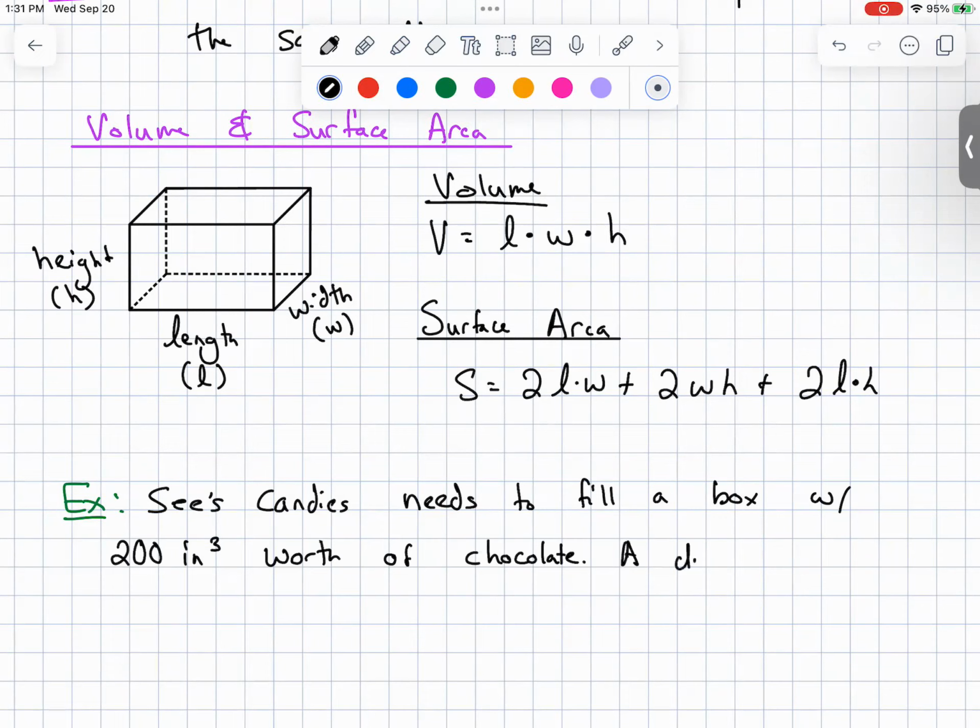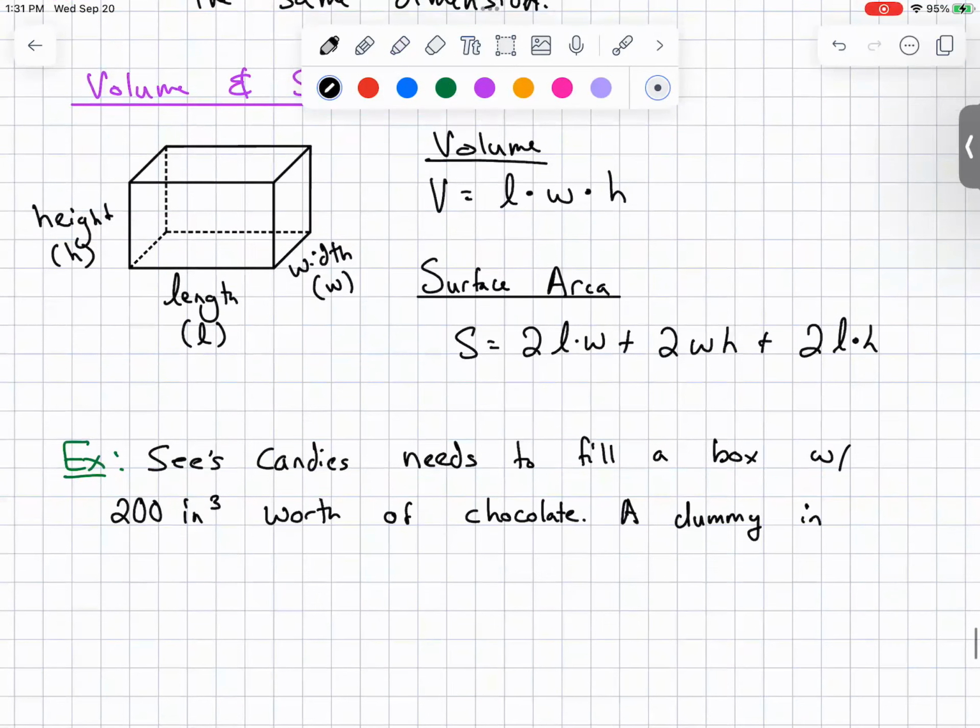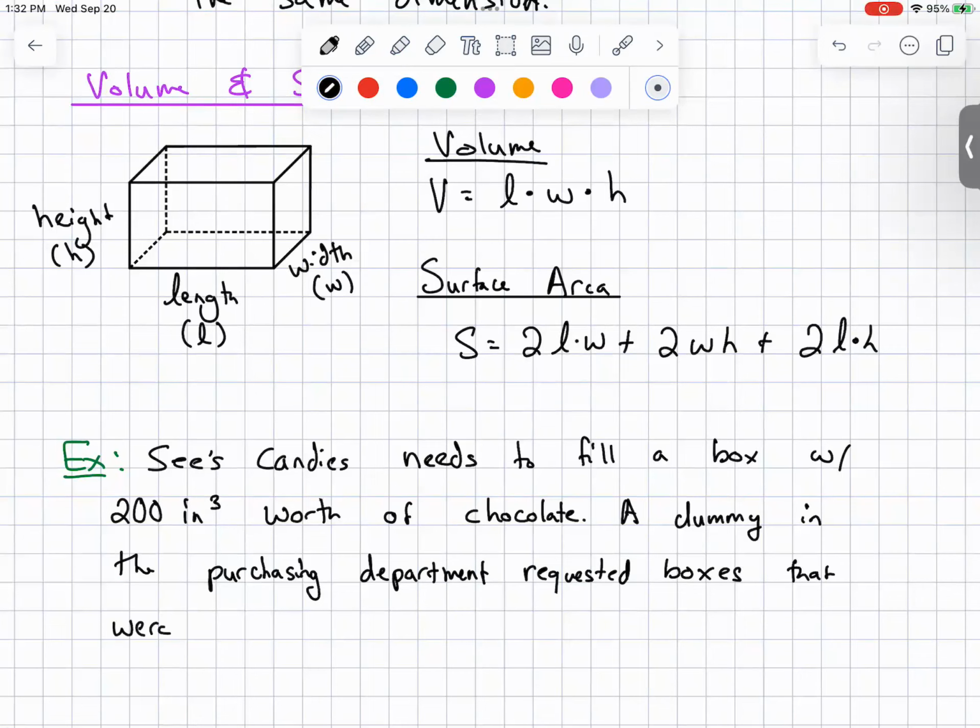A dummy in the purchasing department requested boxes that were 4-inch by 5-inch by 8-inch in size.